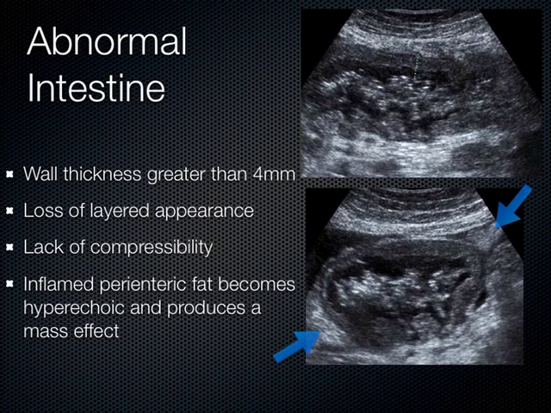When I compress it, it exhibits this mass effect. It all moves together as one unit. Intestines should easily flop and slide around each other. When there's inflammation or abnormality, it all moves together like a unit. This is an example of a patient who had pseudomembranous colitis.